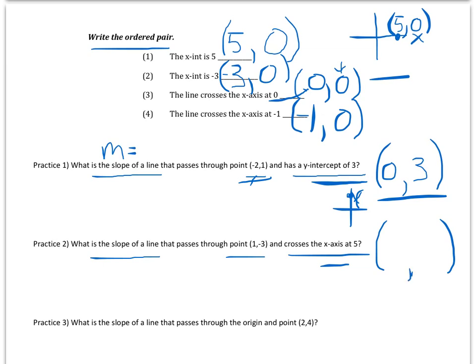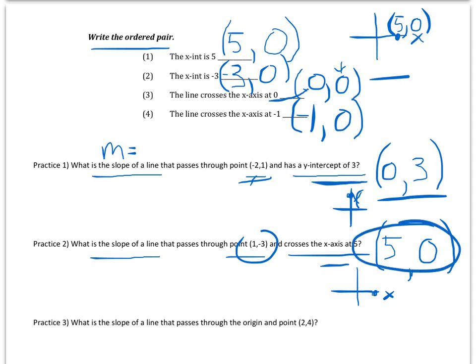Yes, you do. It just gives you the information in a different way. Okay, x-axis at 5. Again, I like to just draw these out. X-axis crosses at 5. What's this point going to be? Well, to get to that point, I got to go right 5, and then I don't go up or down. So right 5 is positive 5. Don't go up or down is 0. There you go. Now you have 2 points. Okay, now you can find the slope.